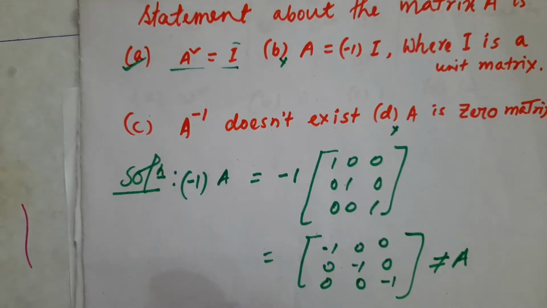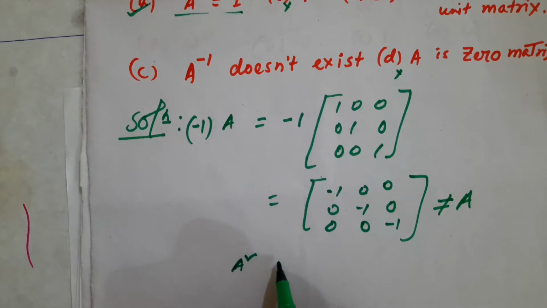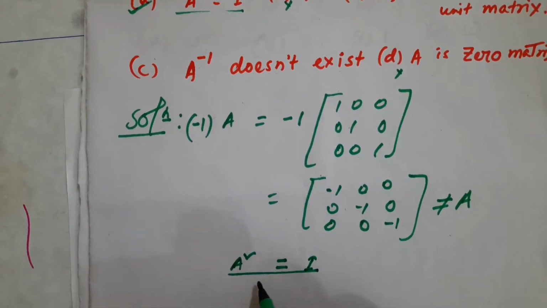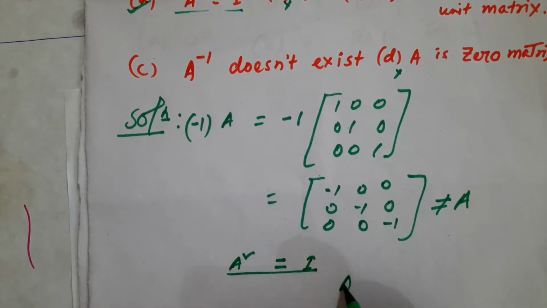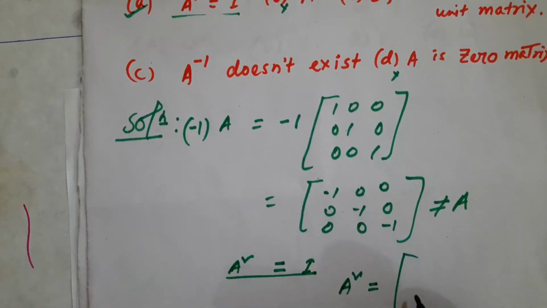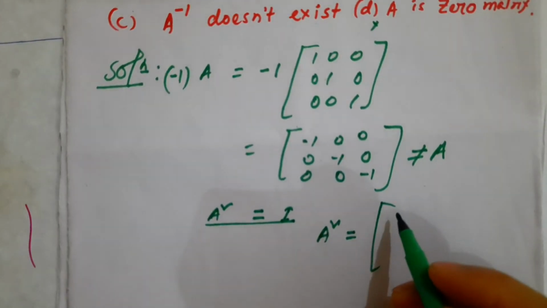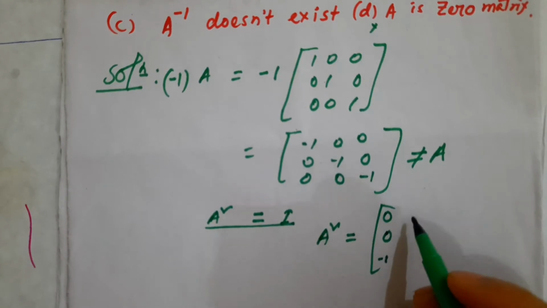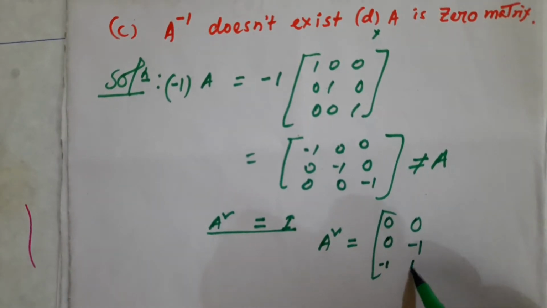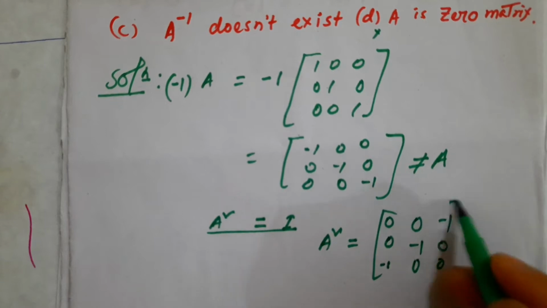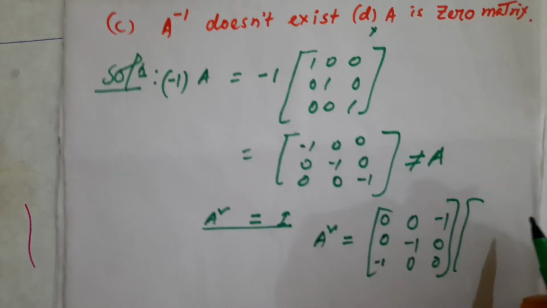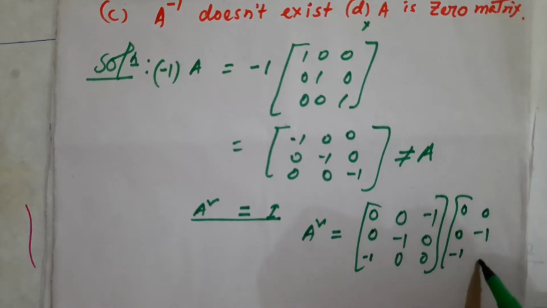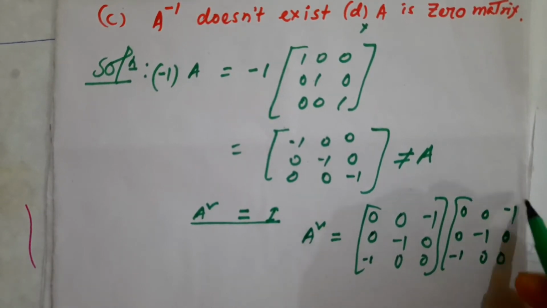Now we'll check option A. It asks whether A square equals I or not. To check this one, we will find the value of A square. What was our A? It is 0 0 minus 1, 0 minus 1 0, minus 1 0 0. A square is this matrix multiplied by itself.